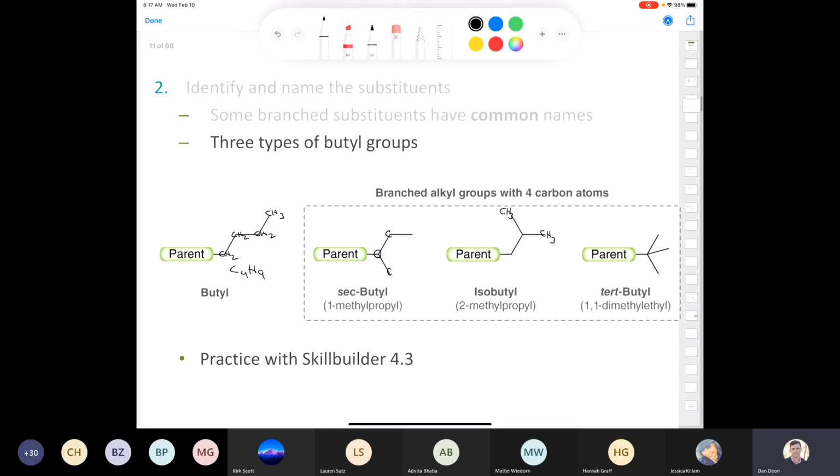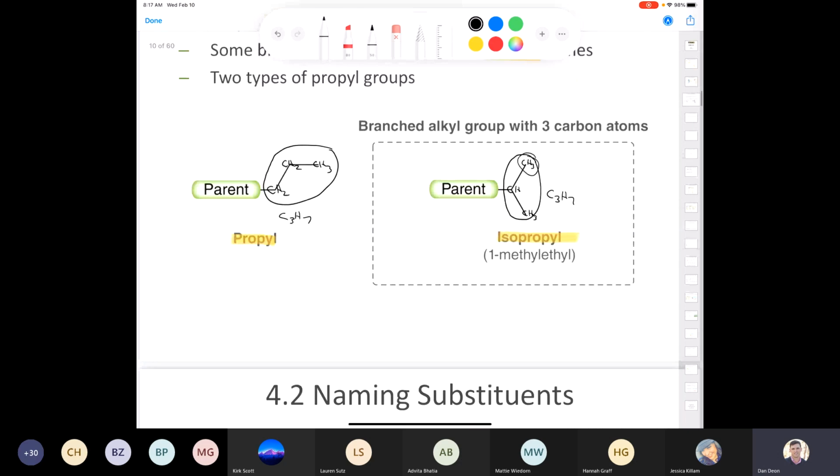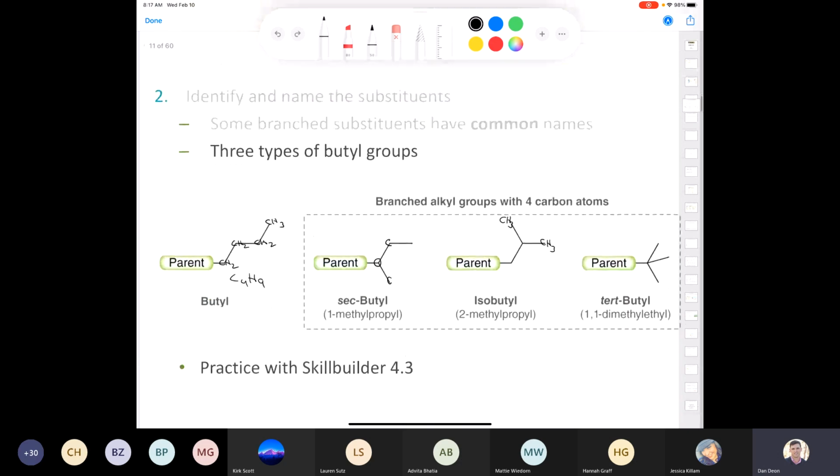So you have an isobutyl, the same thing with an isopropyl, right? You have 2 methyl groups at the end of the branch. And then the last one is a tert-butyl, where we have a carbon attached to 3 methyl groups like that. Okay, so you need to have memorized methyl, ethyl, propyl, isopropyl, butyl, sec-butyl, isobutyl, and tert-butyl.